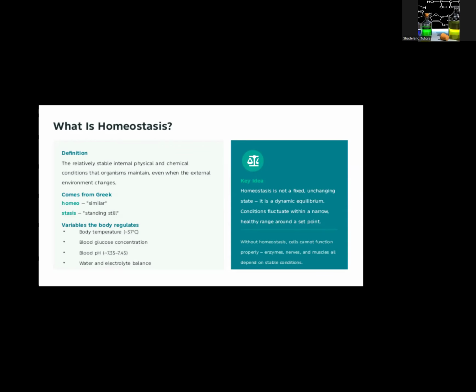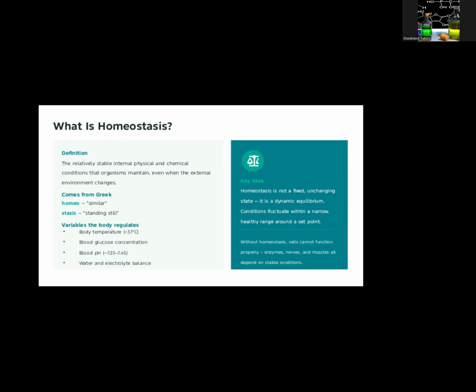We've seen how the second, the third, and the fourth are regulated. Remember, the second one is regulated by the liver. The blood pH, the level 7.35 to 7.45, is regulated by the kidney. Then the water and electrolyte balance, that's water and salt balance, osmoregulation, is still done by the kidney.